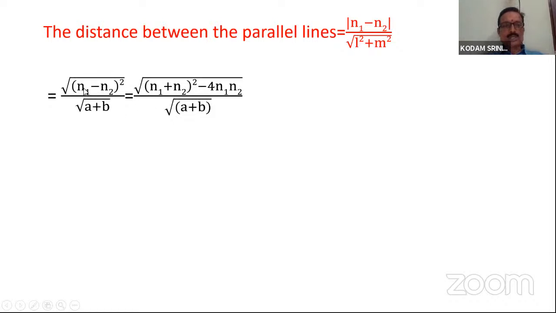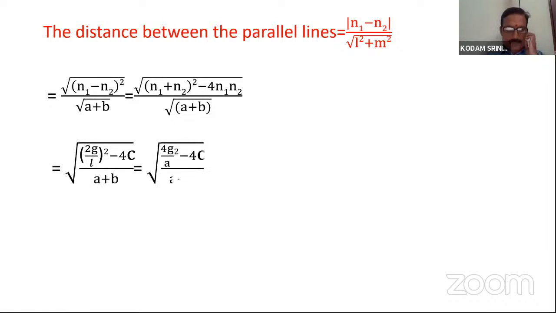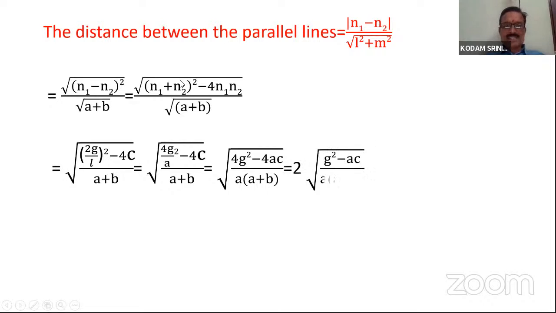Now writing this in the form of (n1 minus n2) whole square, we know that root of (n1 minus n2) whole square can be written as root of (n1 plus n2) whole square minus 4 n1 n2. Here under root of a plus b stays as it is. Now we just have to substitute. We know n1 plus n2.